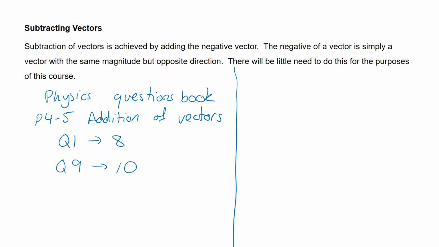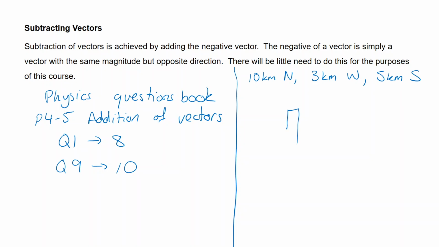Now just quickly, I think this subtracting vectors thing is sort of like if you go, let's say 10 kilometres north, 3 kilometres, I don't know, west, whatever, and then 5 kilometres south. So that's going to look like 10 north, 3 west, 5 south.